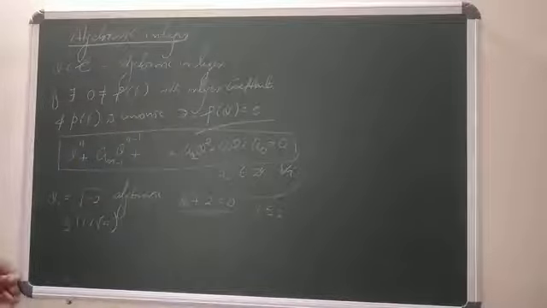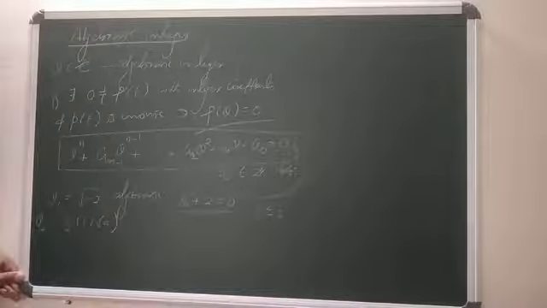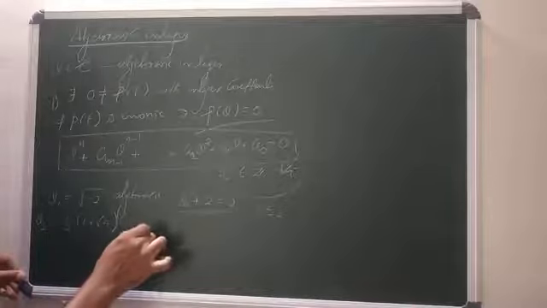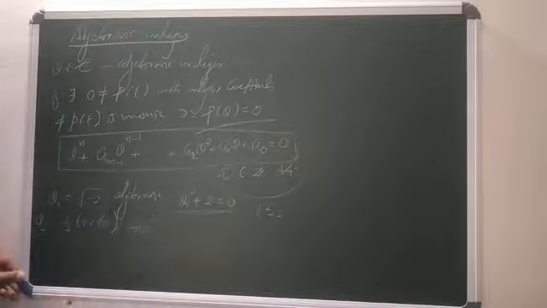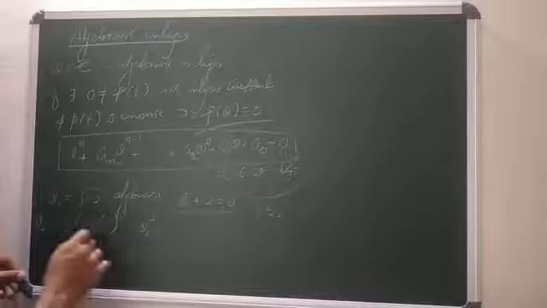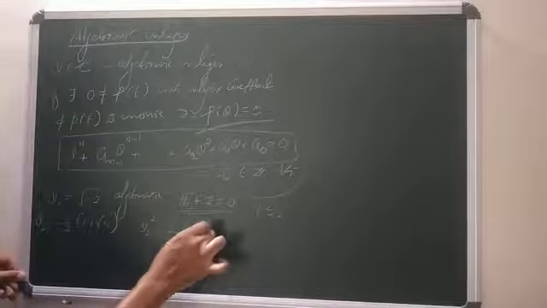Sure. Why? Let it be theta 2. Let theta 2 equal this one. So if you square it, what do you get? Theta 2 square equals 1 by 4 into 1 plus root of 5 whole square.